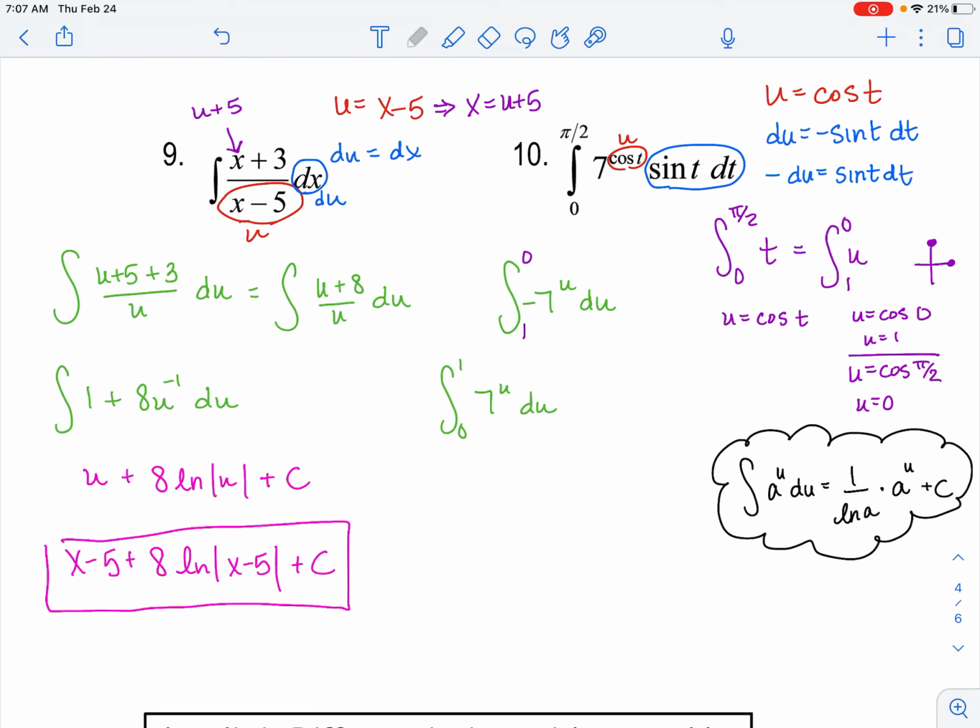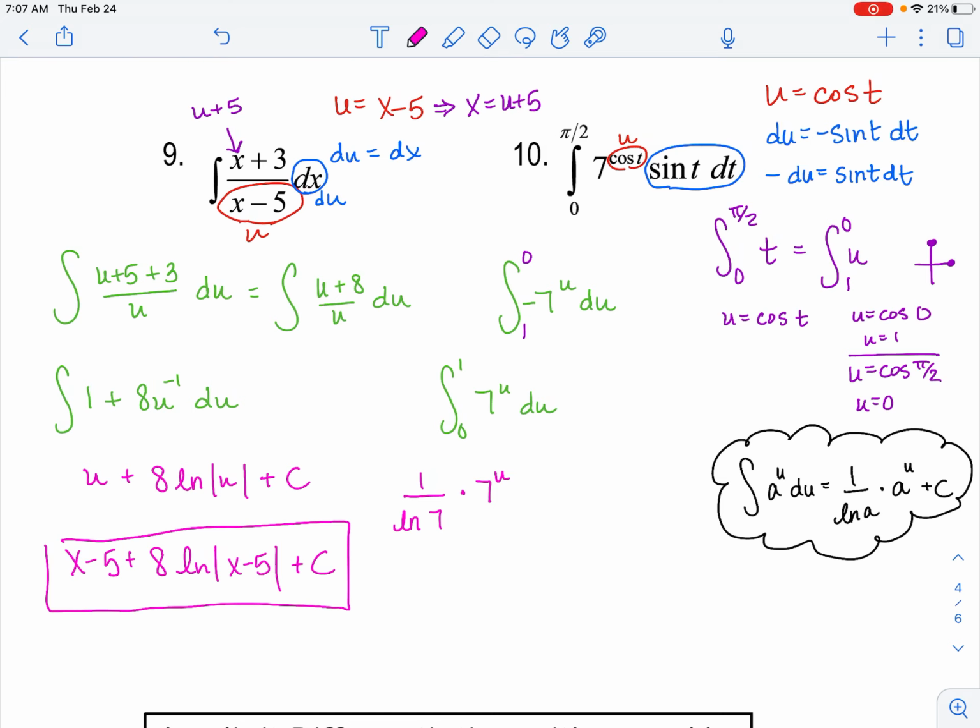Okay, so we need to go ahead and evaluate that. So the integral of 7 to the u is going to be 1 over natural log 7 times 7 to the u.